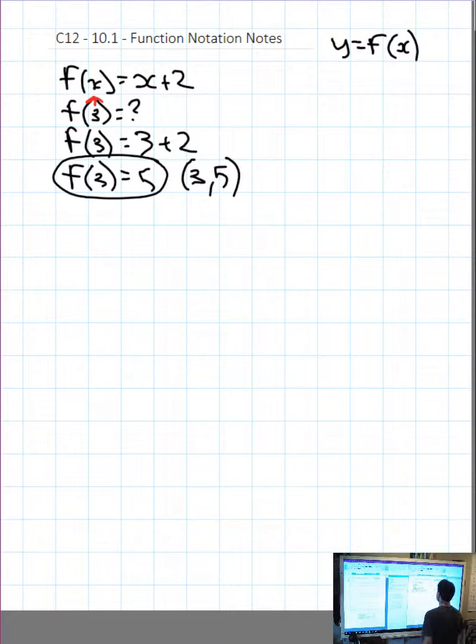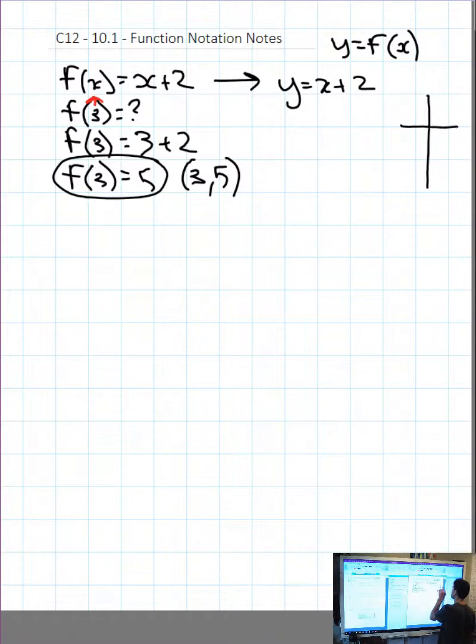So if they gave you the equation y equals x plus 2, if I wanted the y value when x is 3, I would simply make a table of values. I would put 3 in for x, and then I would find it.